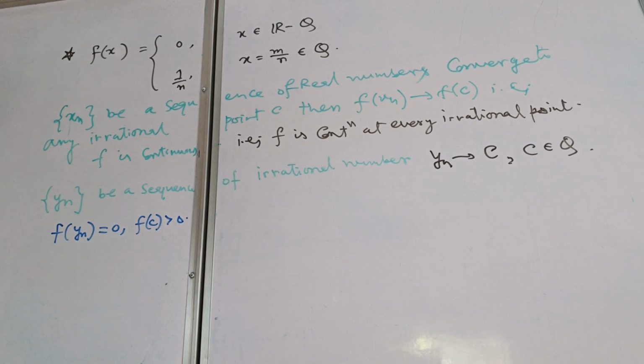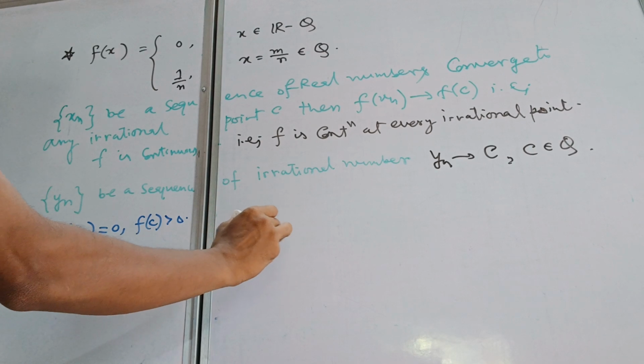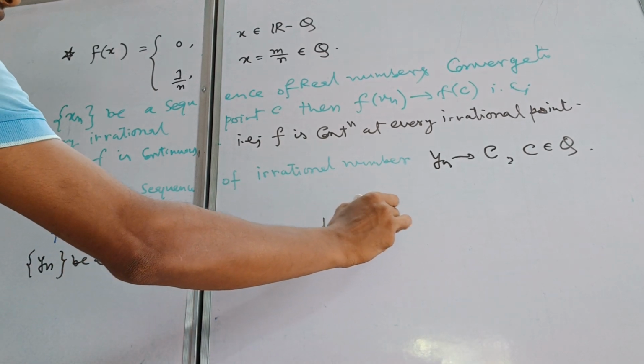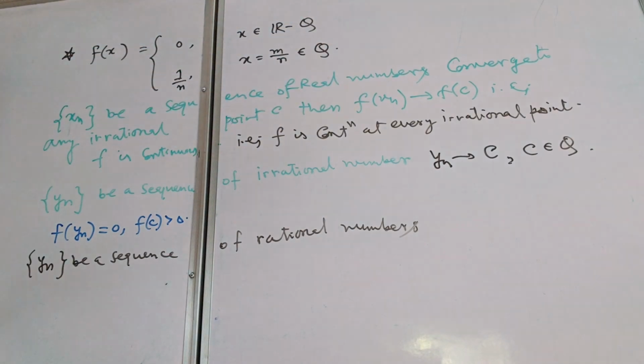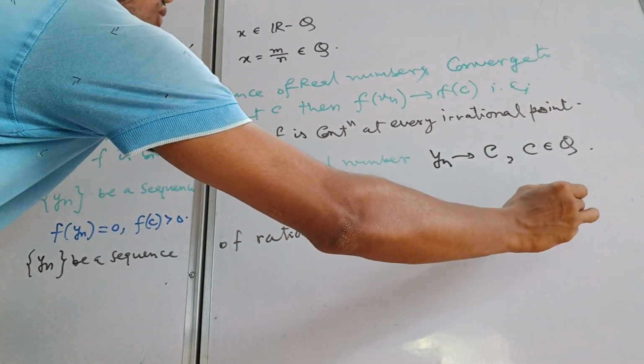Then again we also write yn be a sequence of rational numbers, and obviously yn tends to c and c belongs to Q.